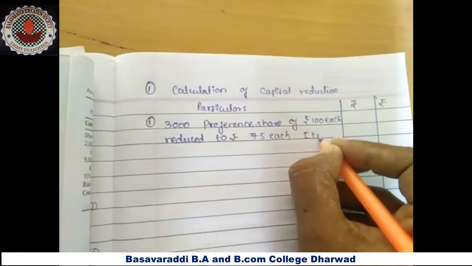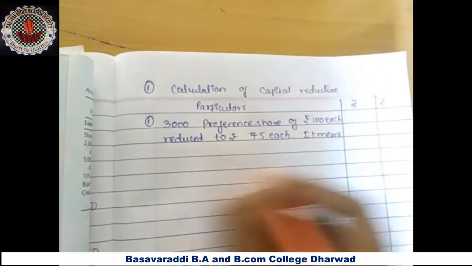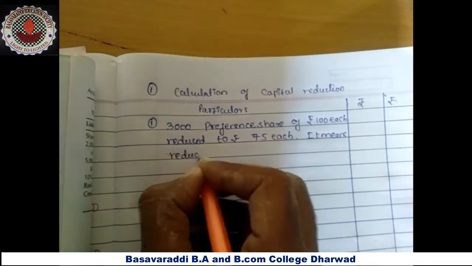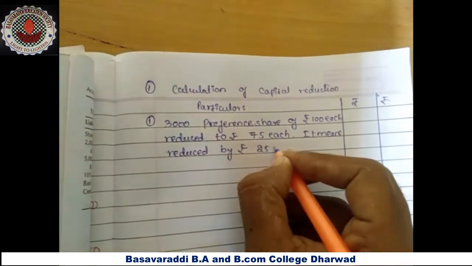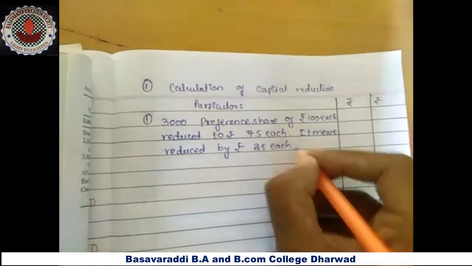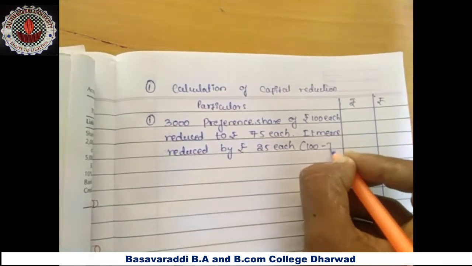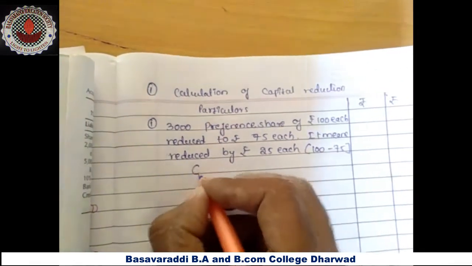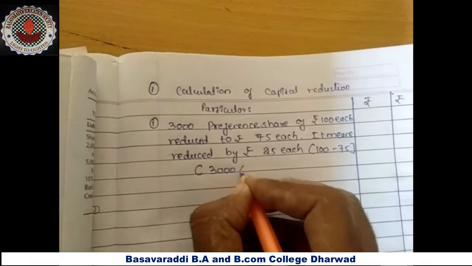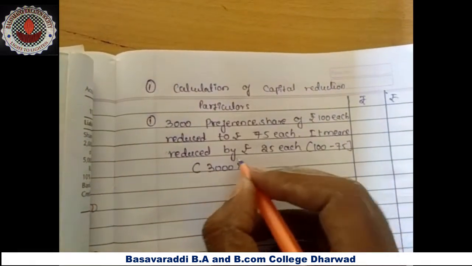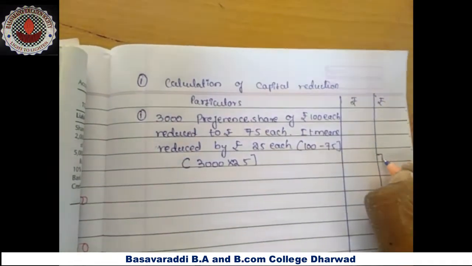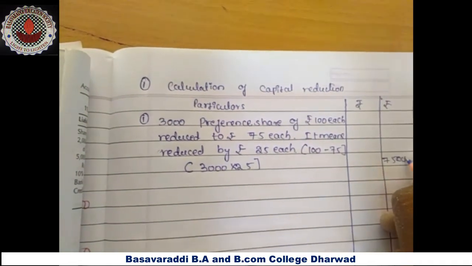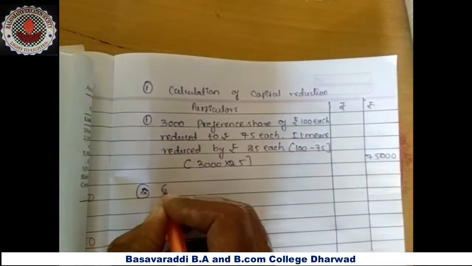It means reduced by rupees 25 each. How? 100 minus 75. Now 3,000 into 25 is equal to 75,000 rupees.